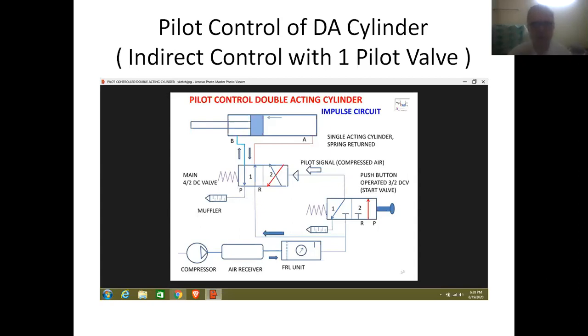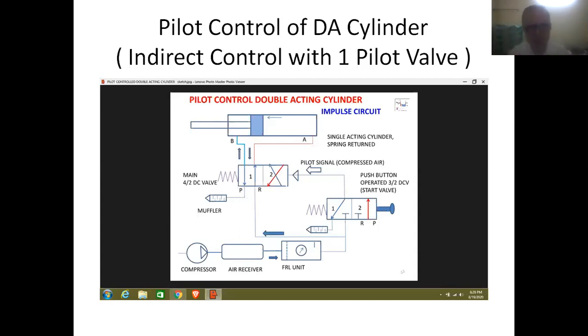And friends, this pilot valve is sending fluid for operating the element of the DC valve. Therefore, this is called a secondary fluid. And the DC valve is sending fluid for operating the piston of the cylinder. Therefore, this is referred to as primary fluid.